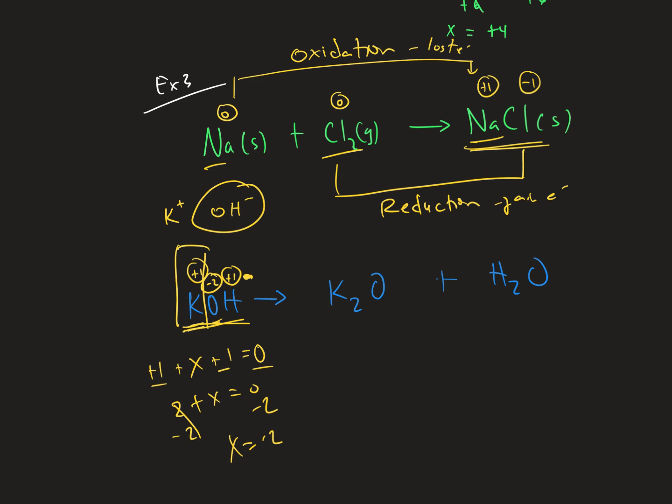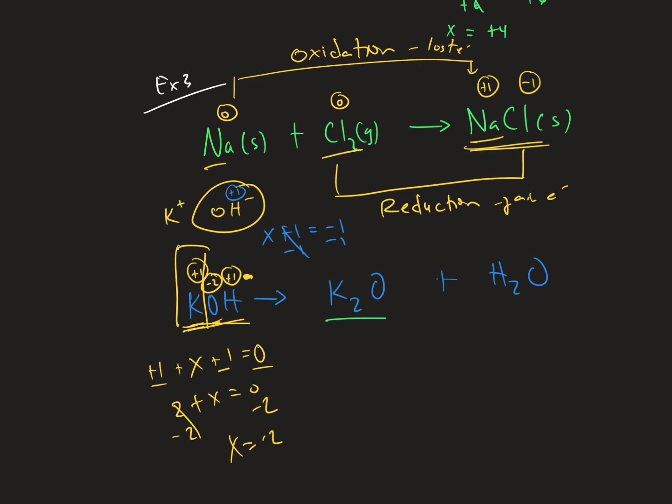So if hydrogen here in hydroxide is +1, then whatever oxygen is, +1 has to be -1. So we subtract 1, and we still get -2. So it really doesn't matter which way you do it. Okay? We good so far? Okay.